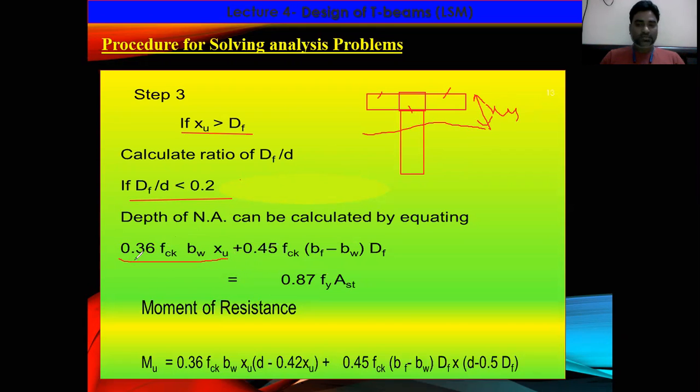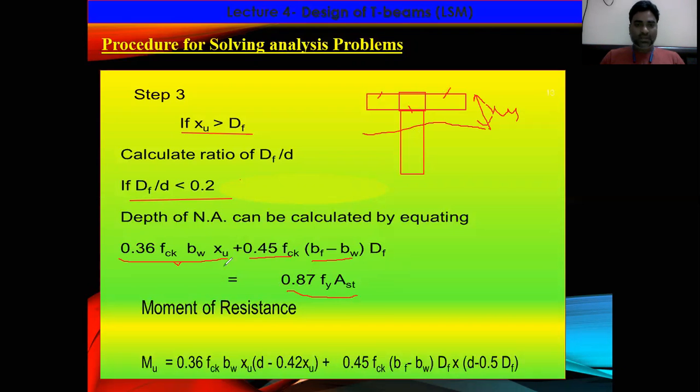This is the compressive force taken by the web, and the compressive force taken by the flange is nothing but 0.45 FCK into (BF minus BW) into DF. That is equal to the total tension force, that is 0.87 FY into AST, right?